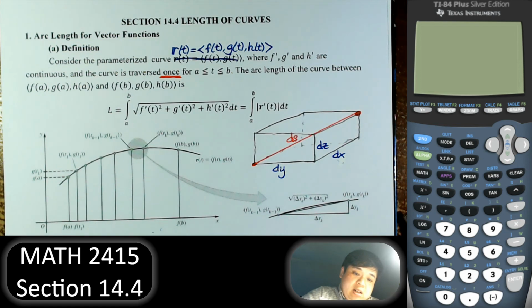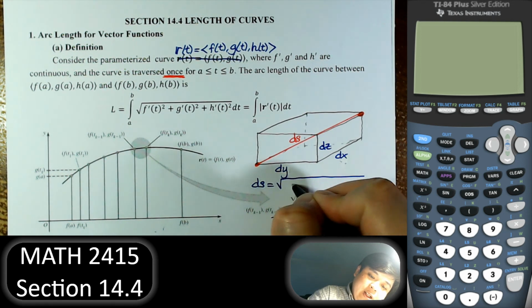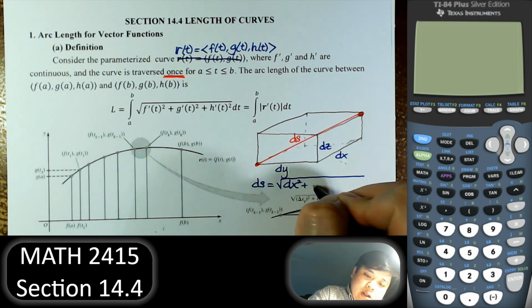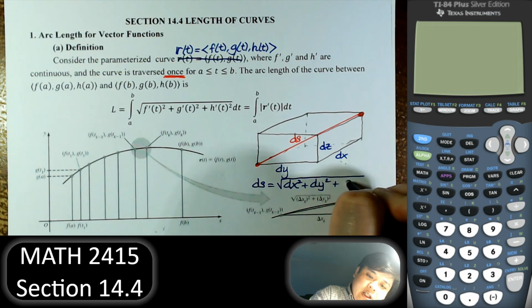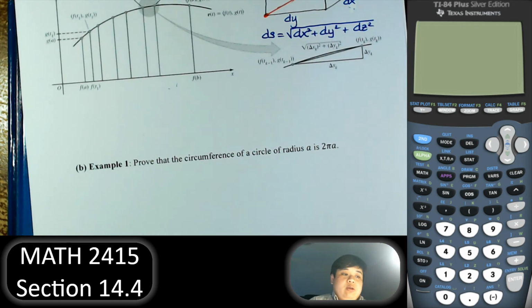Right, but still ds is equal to square root of dx square plus dy square plus dz square. Right, so just like Pythagorean theorem.